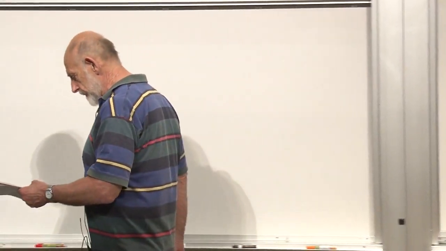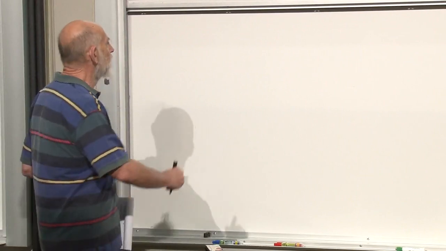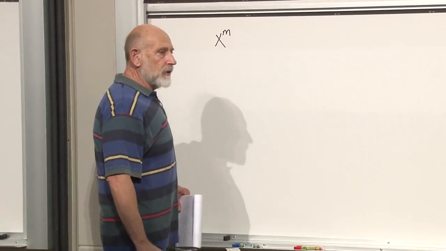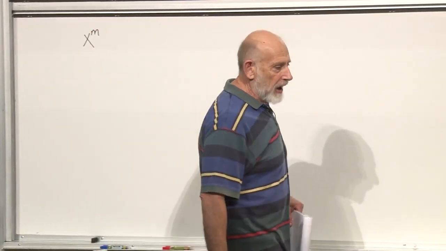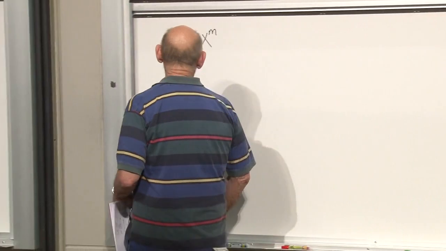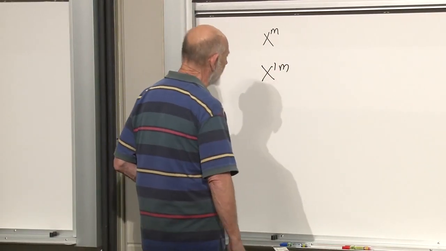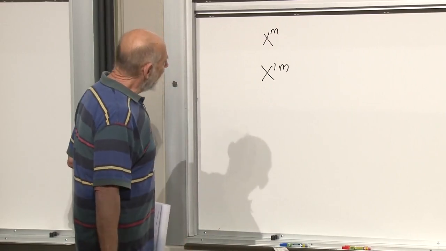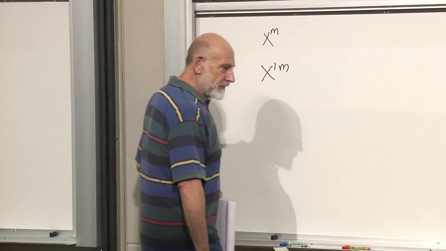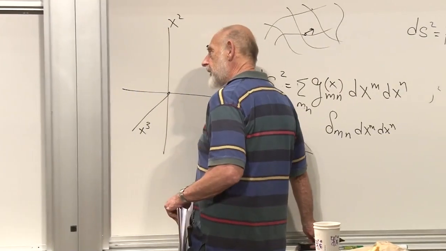Let's suppose there are two sets of coordinates. There's the set of coordinates x^m, and I could call the other coordinates x prime, but then I'm going to have a horrible notation where we'll have x prime m, and it looks like x prime 1 would be x11. Let's keep away from that. Let's call the two sets of coordinates x and y.